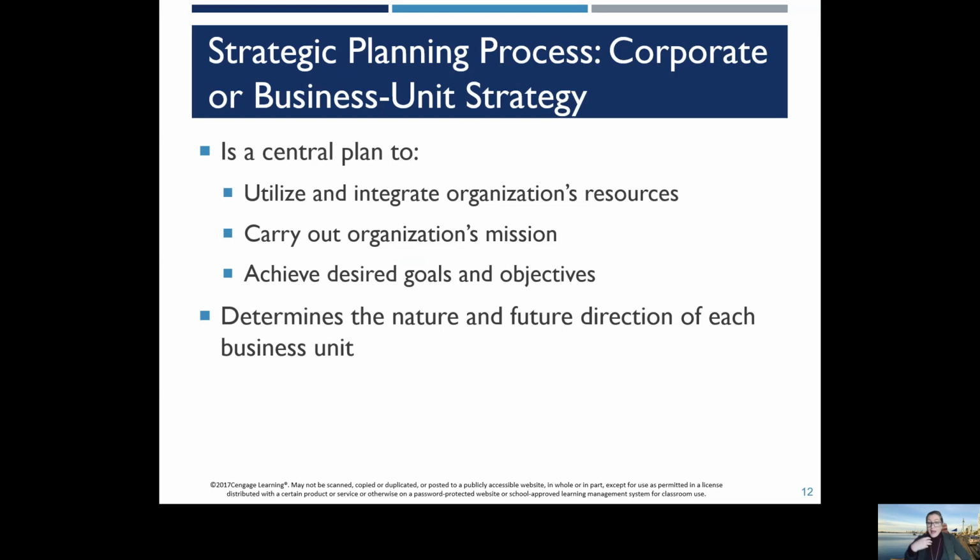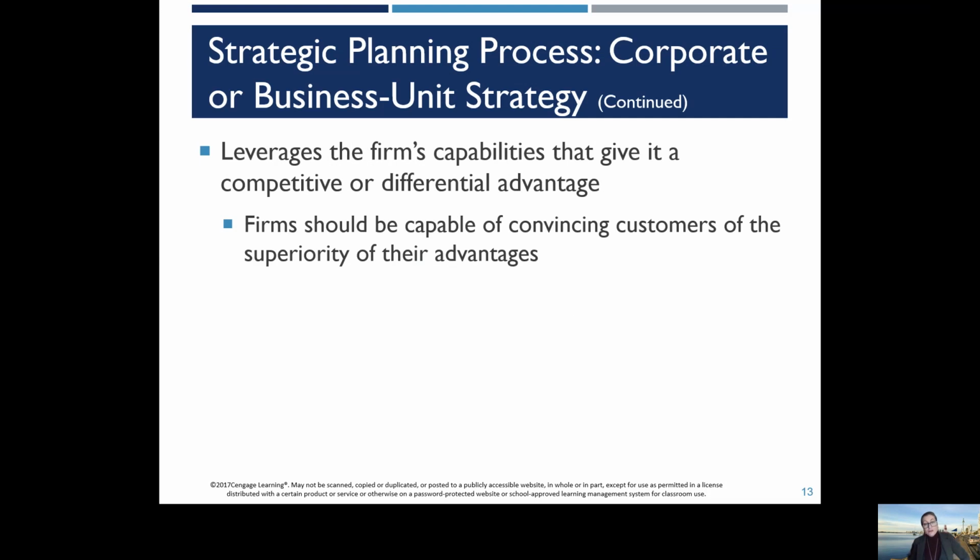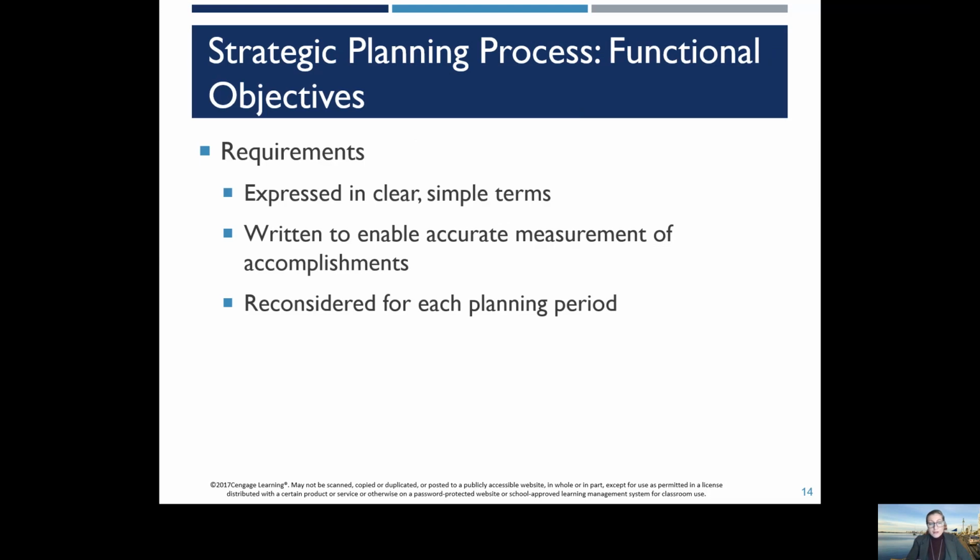This plan is about how the corporation or the business unit is going to achieve their stated mission, and their desired goals and objectives. So the strategic planning process determines the nature and the future direction for each business unit within. It also leverages the firm's capabilities so that they have a competitive advantage, and it's all about bringing the customers on board with that intention.